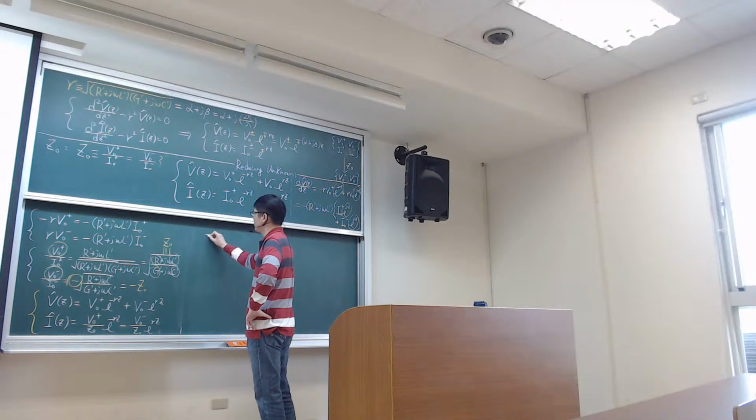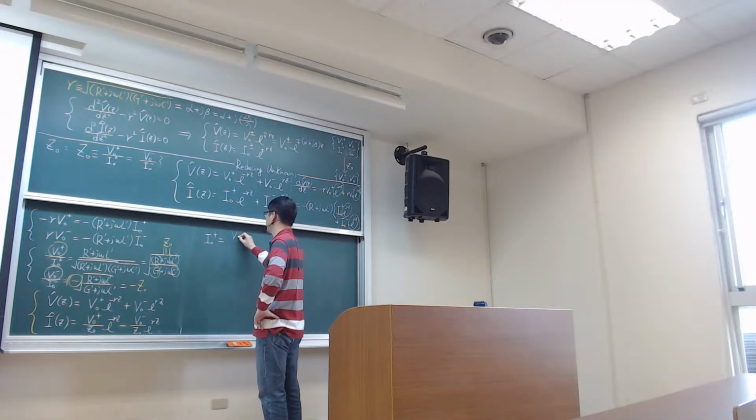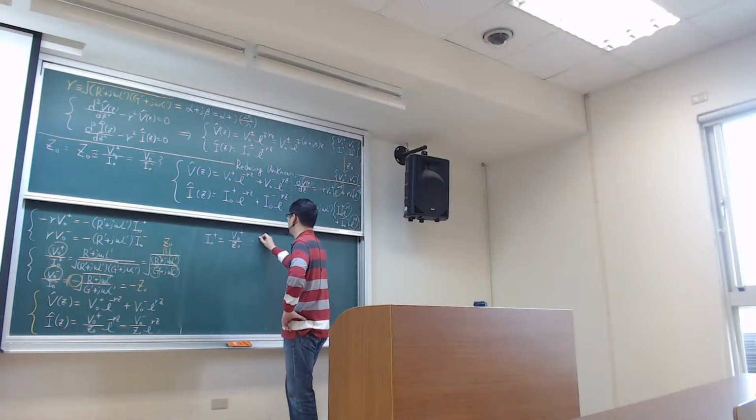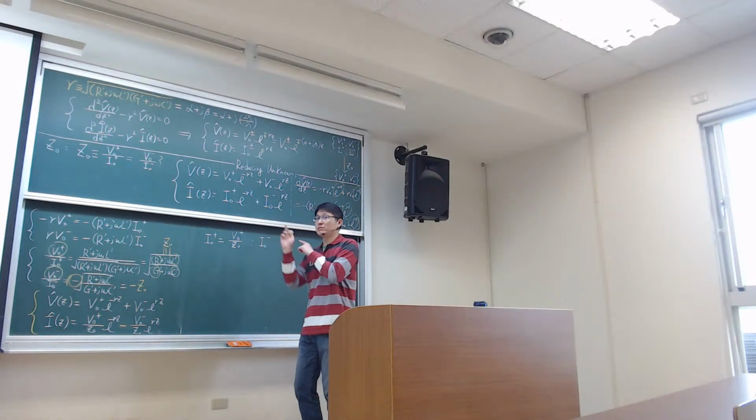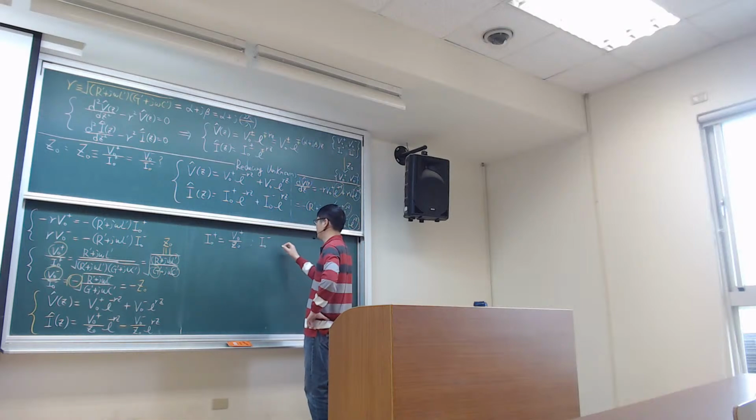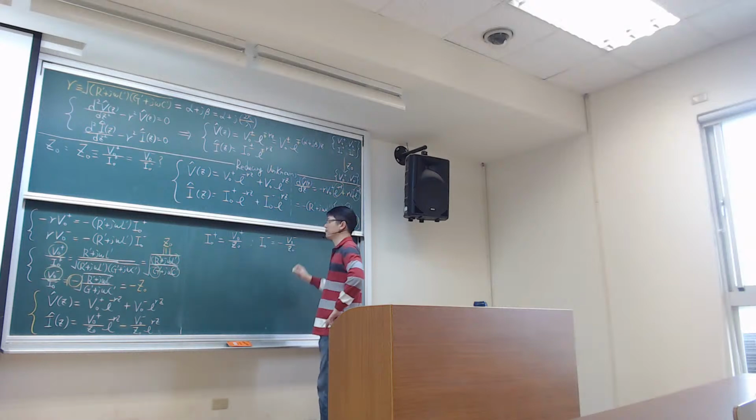So this is telling you I0 plus is equal to V0 plus divided by Z0, and I0 minus, the negative current amplitude, is the negative of V0 minus divided by Z0.